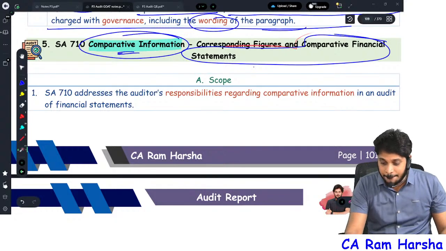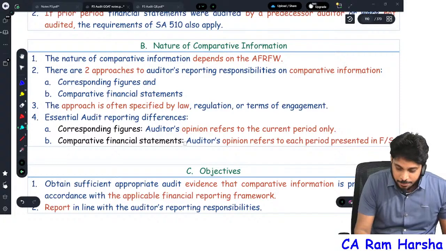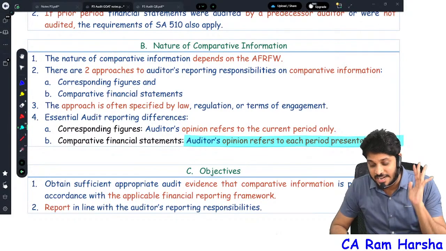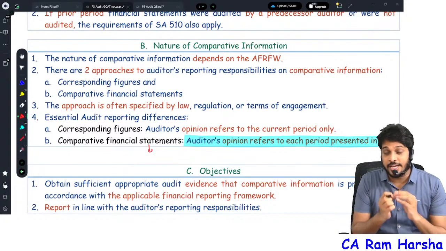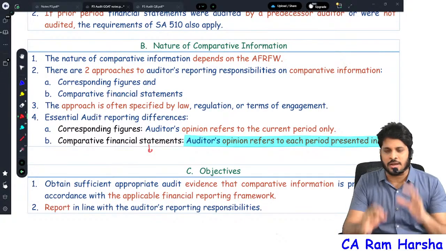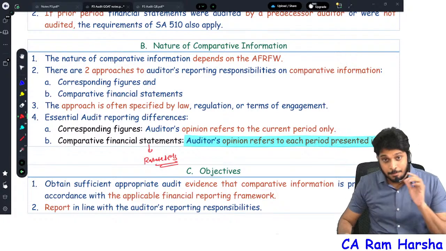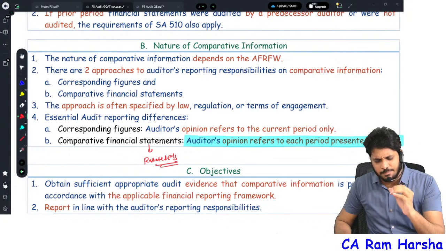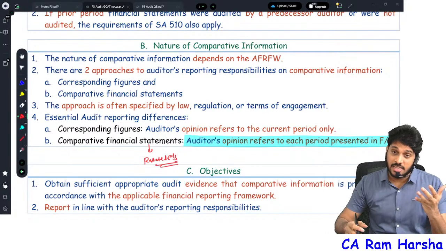Whereas in a comparative financial statements approach, the auditor's opinion refers to each period presented in the financial statements. For example, suppose a company is preparing restated financial statements because the accounting policy has been changed, the company is going for a public issue, and it is applying Ind AS for the first time.